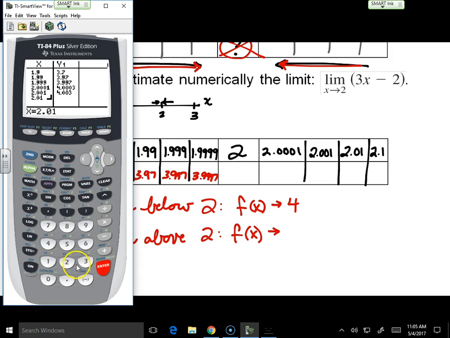Now it's kind of backwards from what you think, and maybe you guys can realize that's why I'm showing you this. If we think about it beforehand, then we can show our table and say, hey, from below, got it, from above, got it. So I'm just going to quickly write in what our calculator has shown us. In that, 2.1 is 4.3, right? 4.03. Yeah.